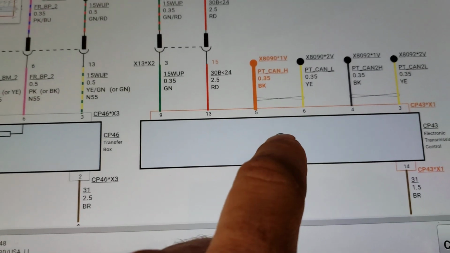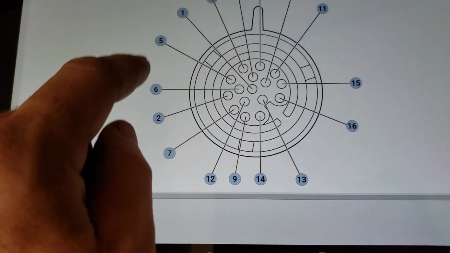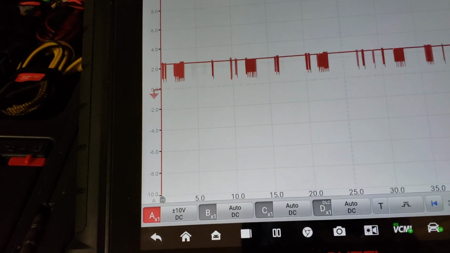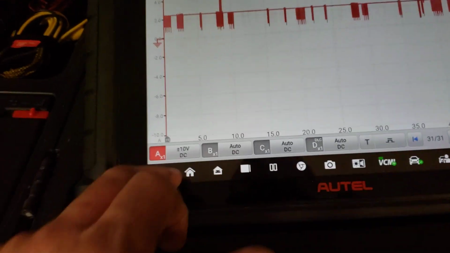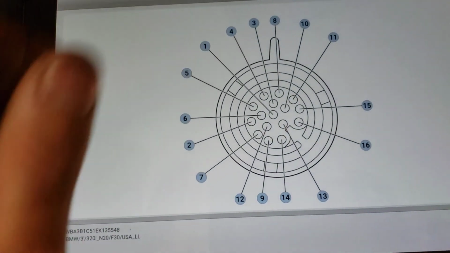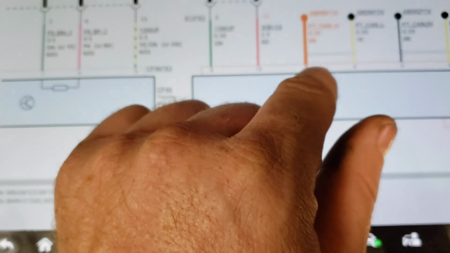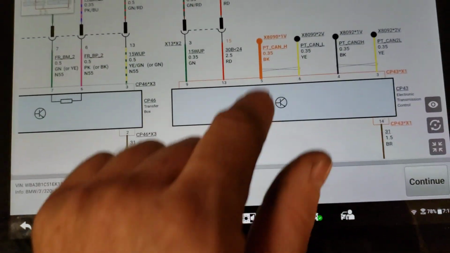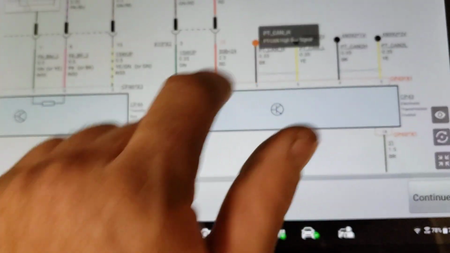So let's check 5 and 6, high and low. Alrighty, so I'm on pin 5, which is CAN high. Pin 5, just CAN high.